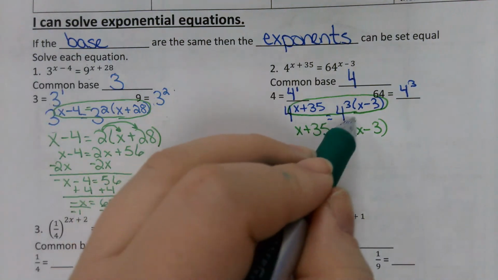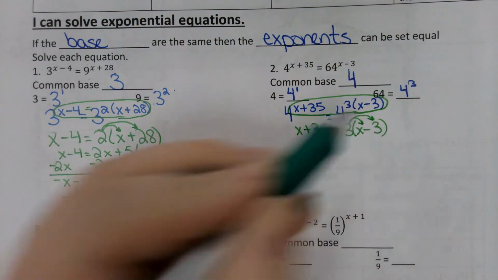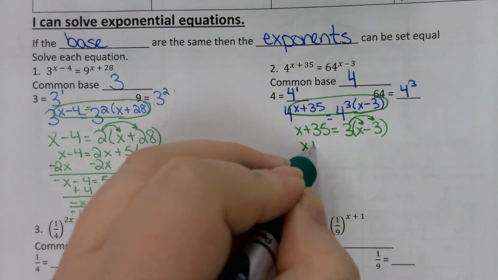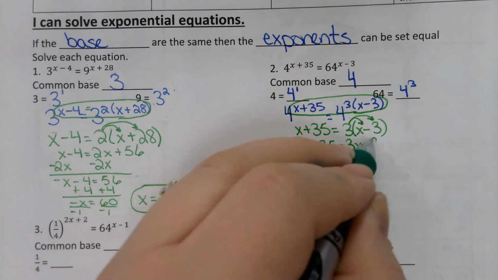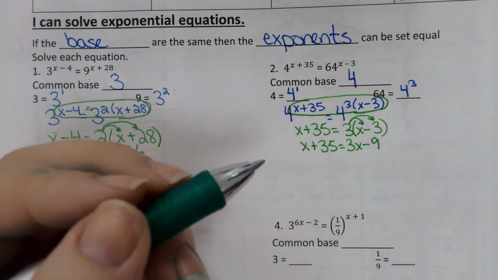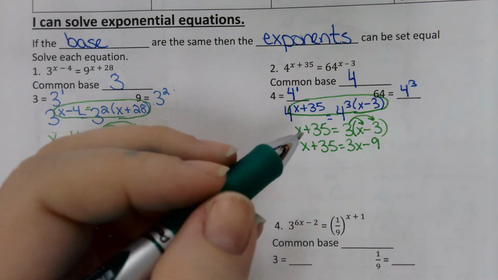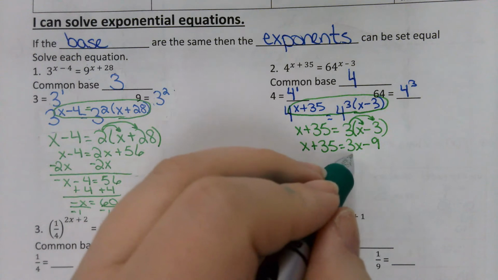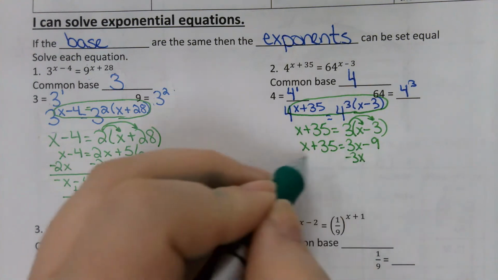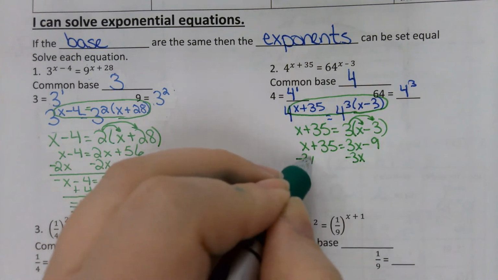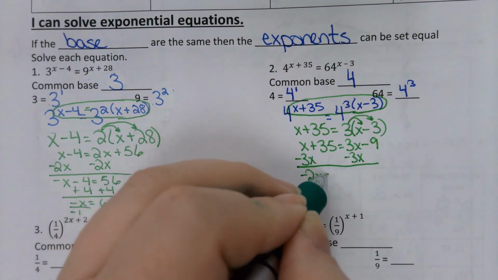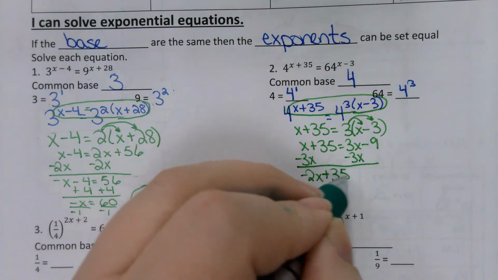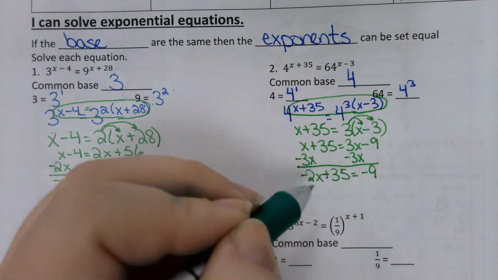We'll need to distribute that 3 across our parenthesis set. So x plus 35 equals 3x minus 9. And then move our x's to be on the same side, whether you subtract x from both sides or subtract 3x from both sides, giving us negative 2x plus 35 is equal to negative 9.